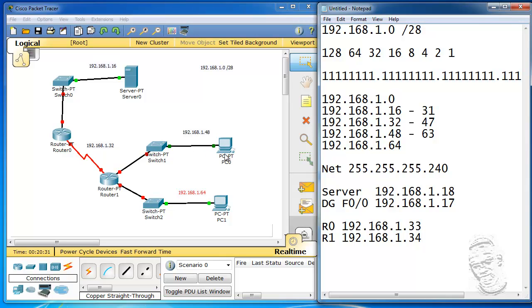Then the PC will take up the 48 network, the second usable host, and its default gateway will get the first usable host.